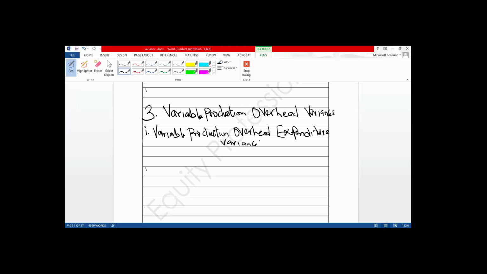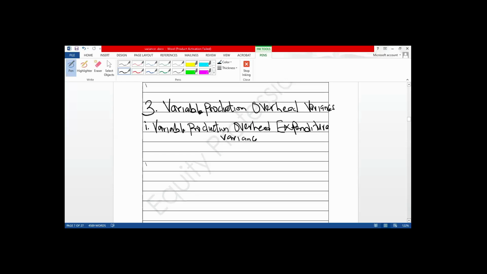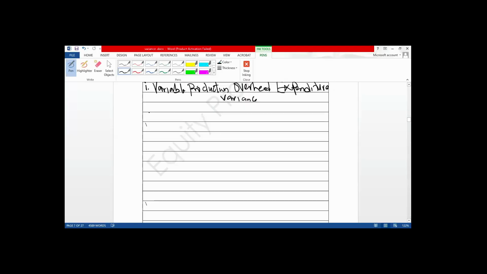If you have to calculate this variance, look at the formula, please.